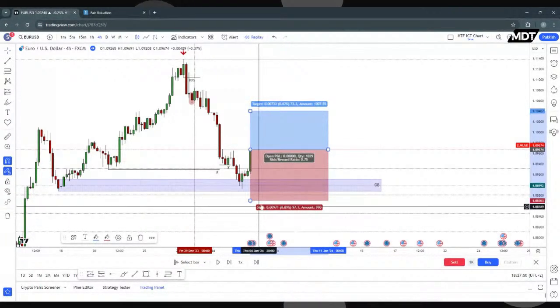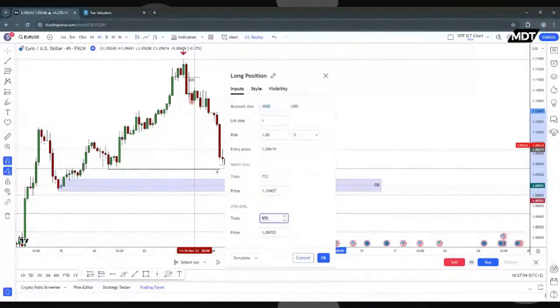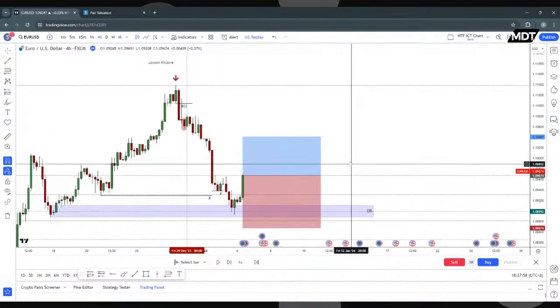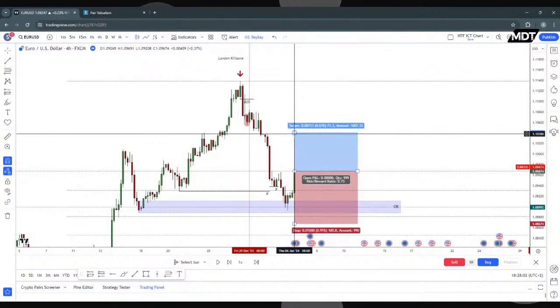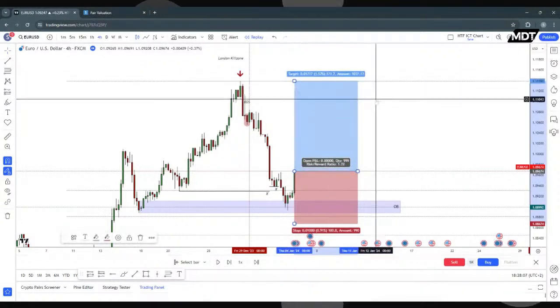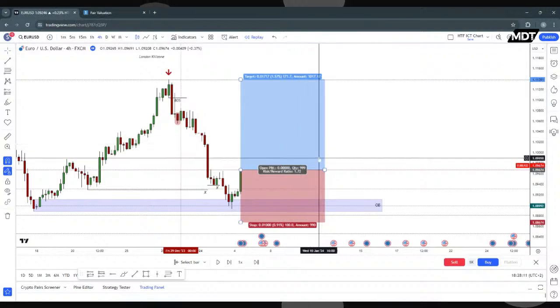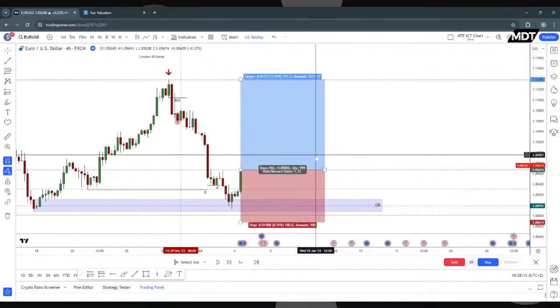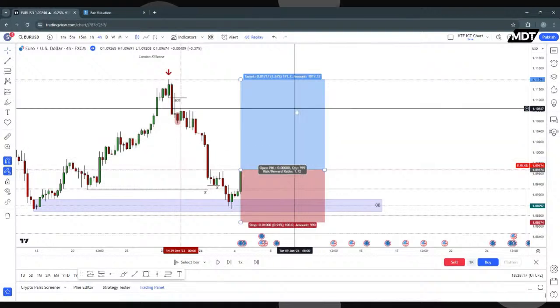Just to round it off, we have 100 pips up. It's a 4-hour time frame, so bear in mind there. Technically we would be targeting the equal highs, but that's not even a 1 to 2. It's about 1.72. So I will also gauge if the risk to reward is worth taking in this case.